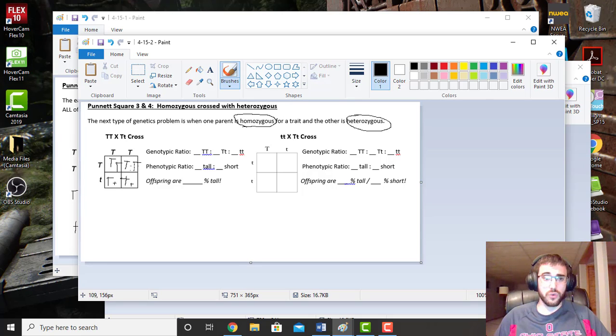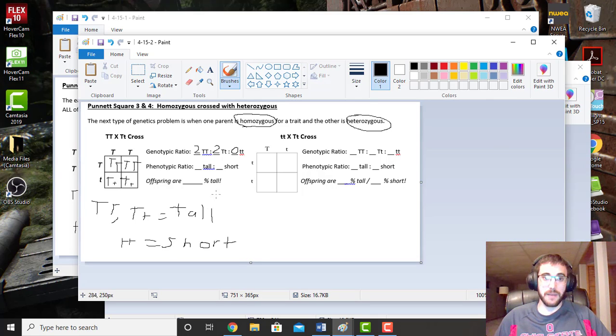We have two squares that are big T, big T, two squares that are big T, little t, and 0 squares that are little t. Now, if there's ever a big T in a box, that kid's gonna be tall. So big T, big T, and big T, little t will give us a tall kid. Where little t, little t, that's gonna give us a short kid.